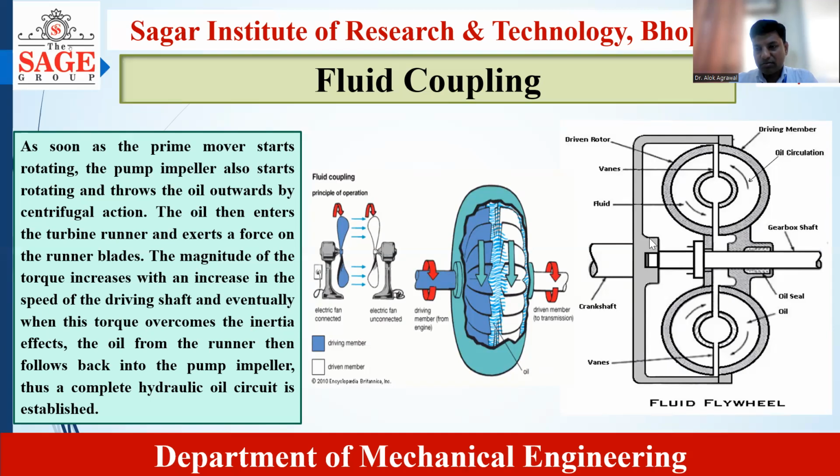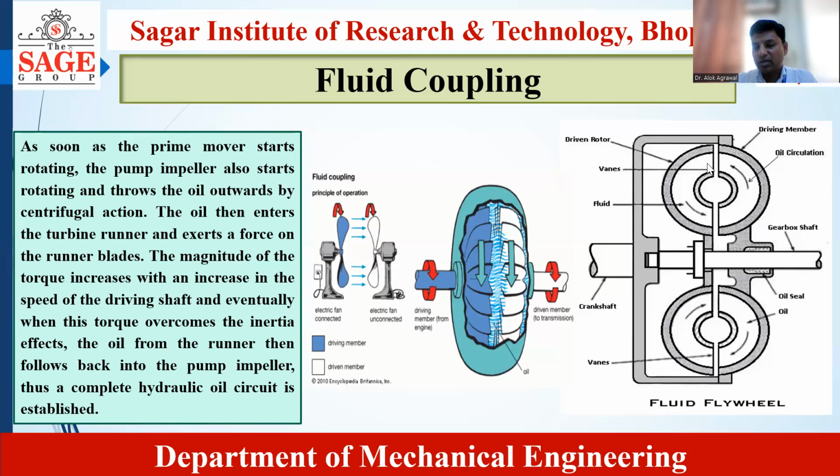This is the line diagram, or we can say the layout, of the fluid coupling. Here, this arrow is showing the flow of fluid, that is oil. This is our crankshaft, and this is our fluid which is moving like this. This is the pump impeller. The fluid goes out circumferentially and strikes this half, which is the turbine runner, or we can say the driven rotor.